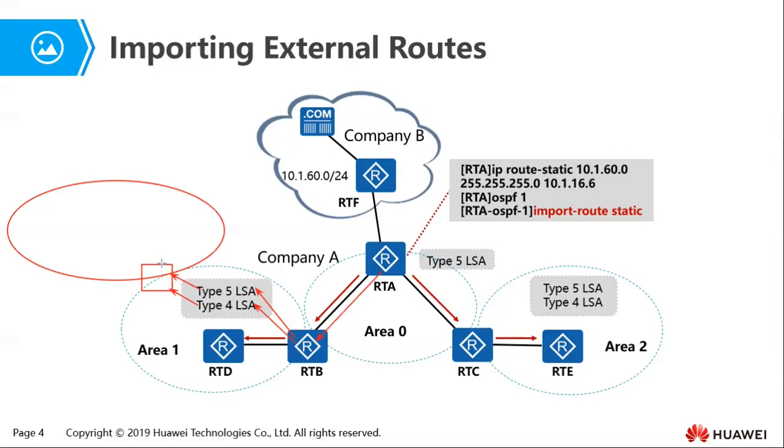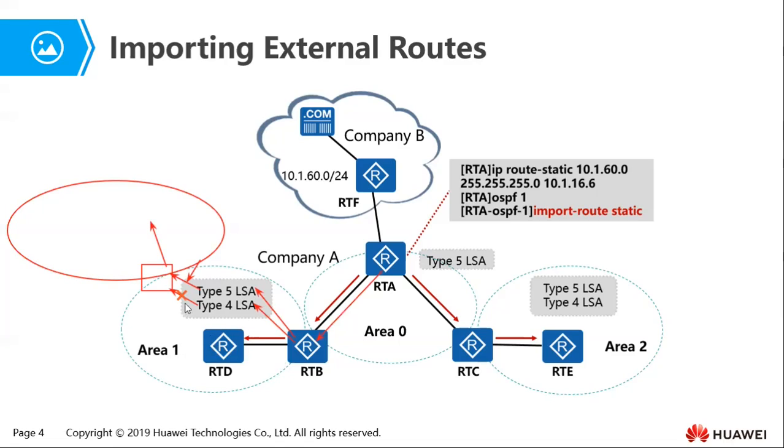So it's going to use this type 5 LSA to create a type 4 LSA for this router. But it's not going to forward this type 4 LSA beyond area 1.